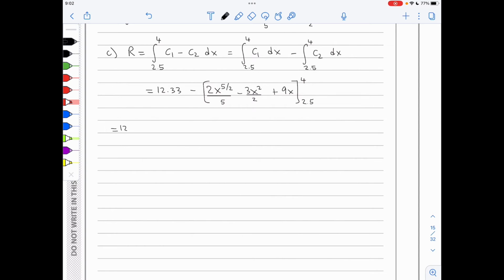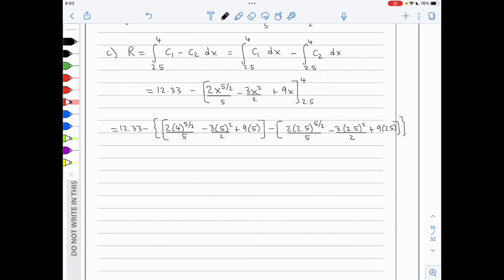We get 12.33 minus [2 × 4^(5/2)/5 − 3 × 5²/2 + 9 × 5] minus the lower limit substituted, so 2 × 2.5^(5/2)/5 − 3 × 2.5²/2 + 9 × 2.5.